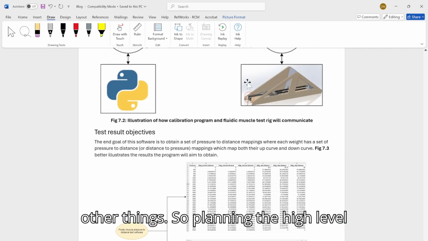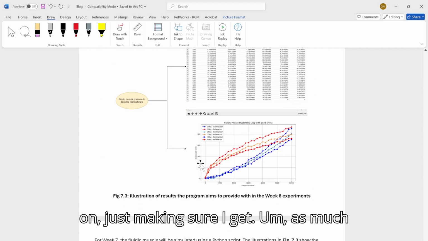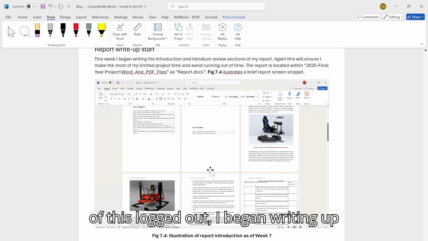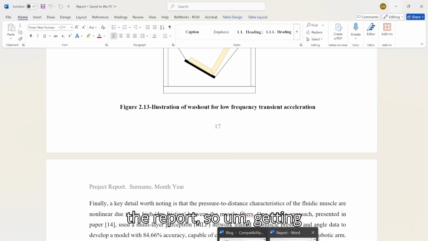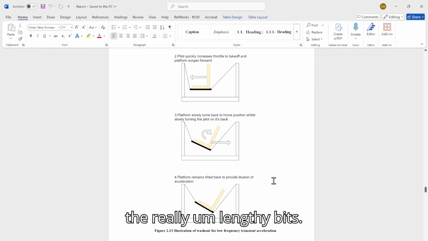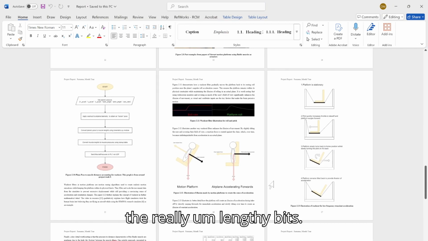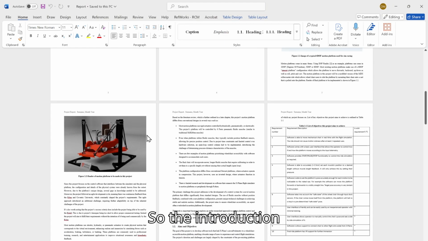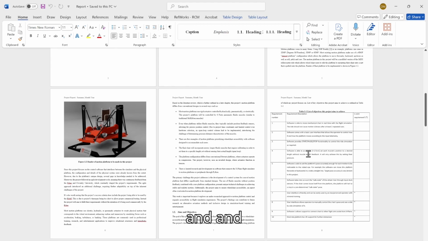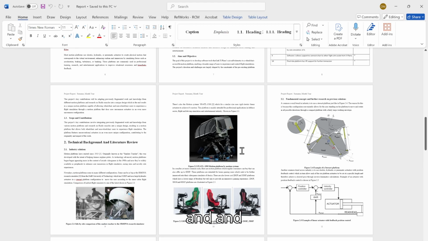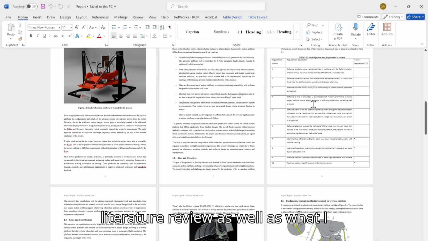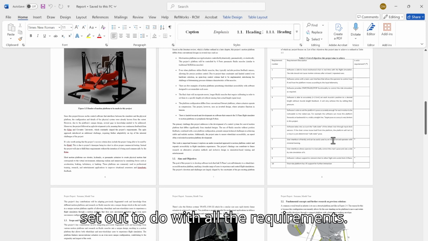Planning the high level outline was one of the things I focused on, just making sure I get as much of this logged out. I also began writing up the report, so the really lengthy bits: the introduction and literature review, as well as what I set out to do with all the requirements.